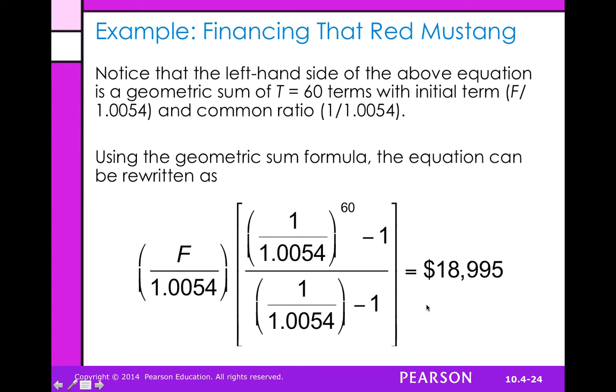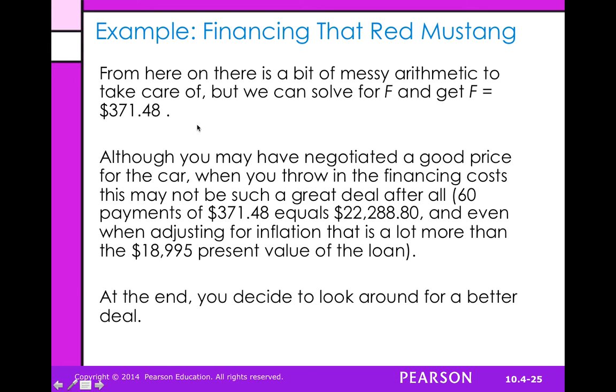Again, in the interest of time, I'm not walking through this, but if this confuses you, just let me know, right? And we can talk through it. But let me just say, this is a nasty looking equation, but if you start asking your calculator what these numbers are, you can simplify it down and you can solve it just like we've been solving equations in previous sections. And if you solve this to get F, you will get something around $371.